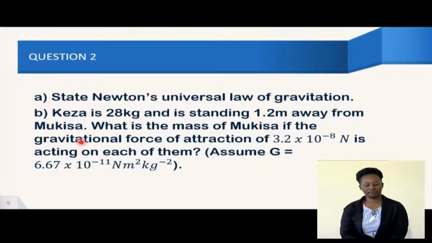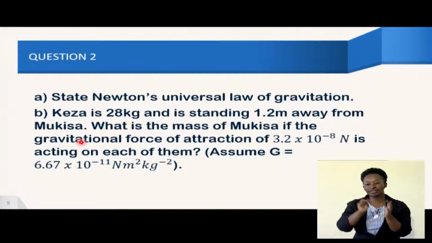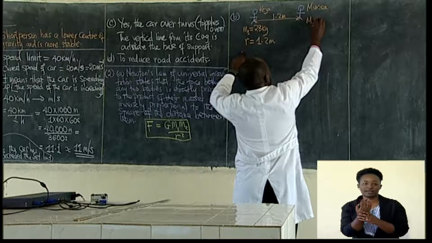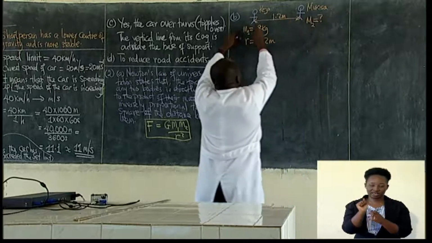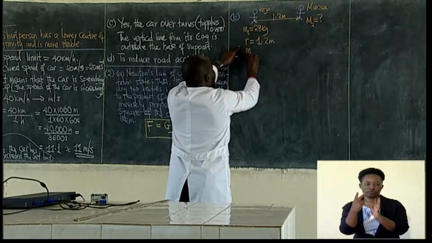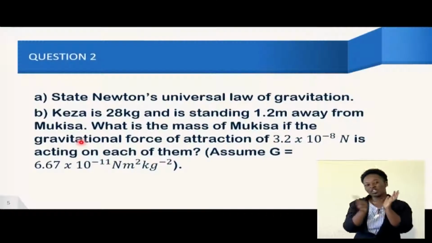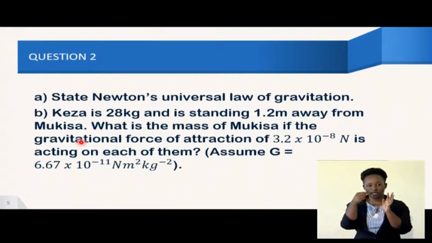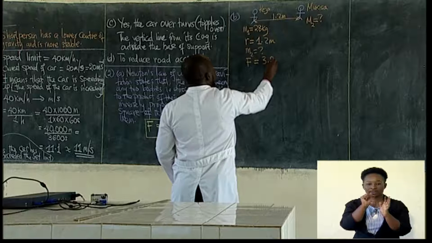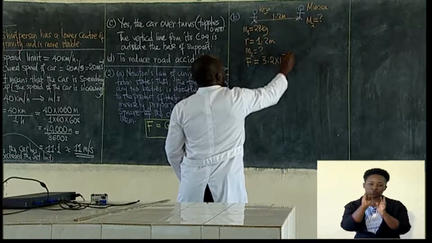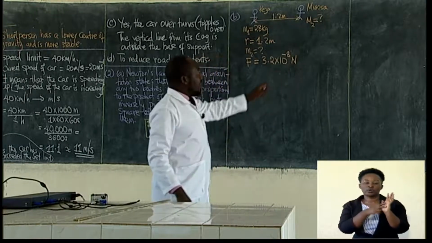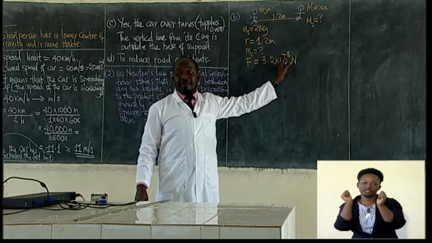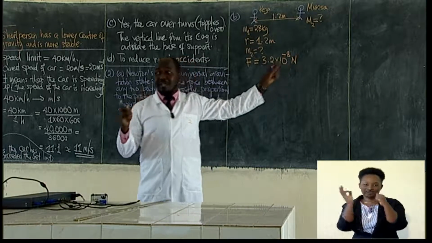What is the mass of Mukisa? They want the mass of Mukisa. So let Mukisa's mass be M2, because M1 is for Kaiser. So we shall be looking for M2. They have given us the gravitational force of attraction, which is F, as 3.2 times 10 to power negative 8 newtons. This is where the problem comes from. It has been a problem to us.